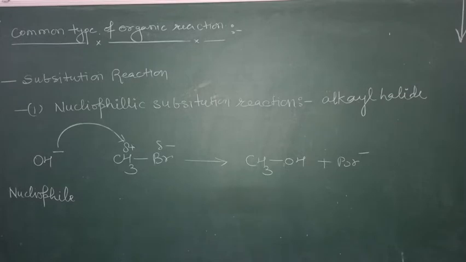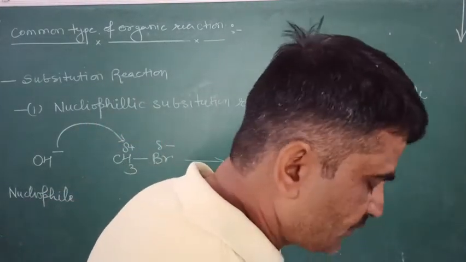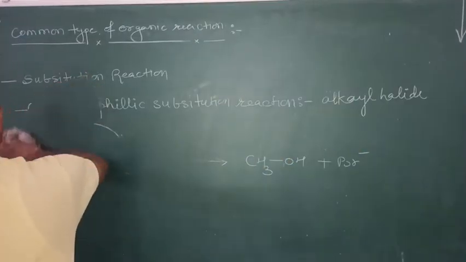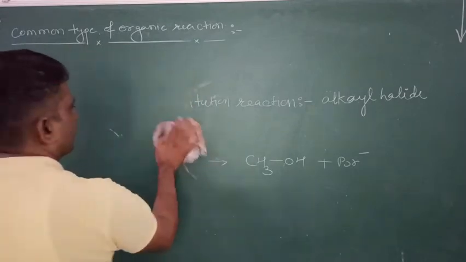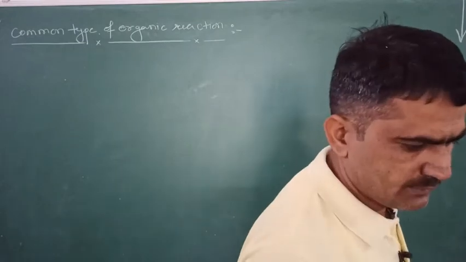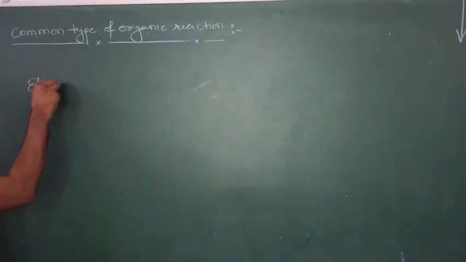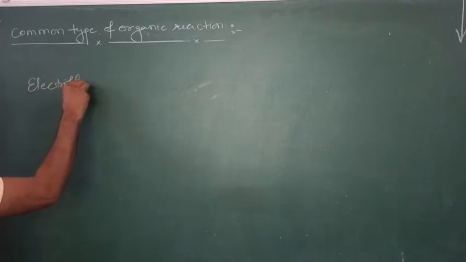The second type of chemical reaction is the electrophilic substitution reaction. Electrophilic substitution reactions are generally employed in arenes or in benzene.